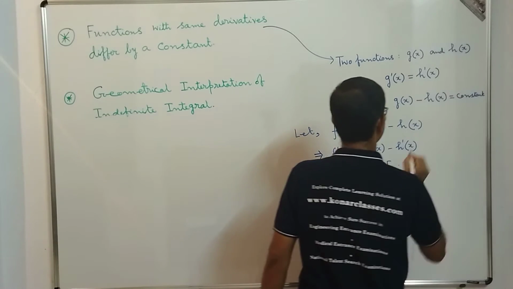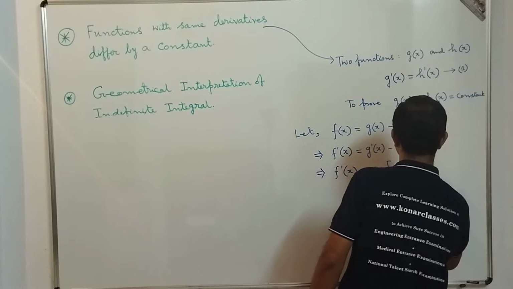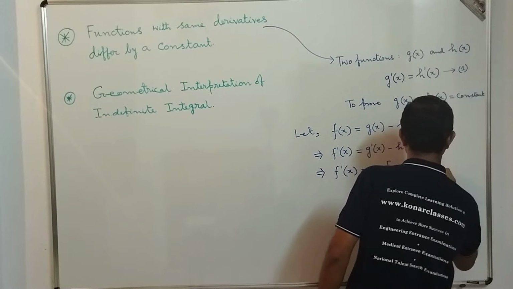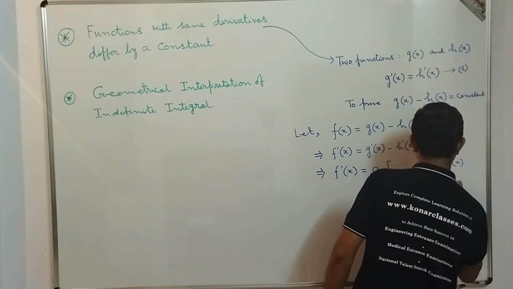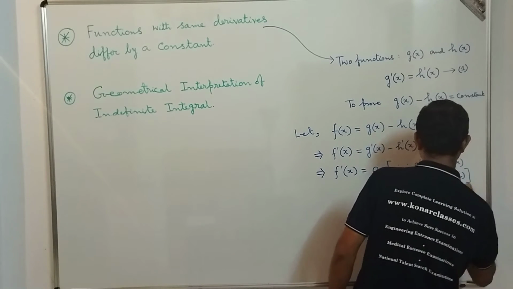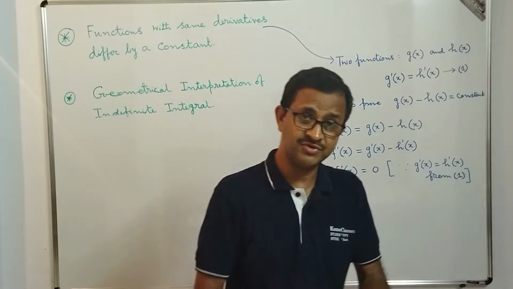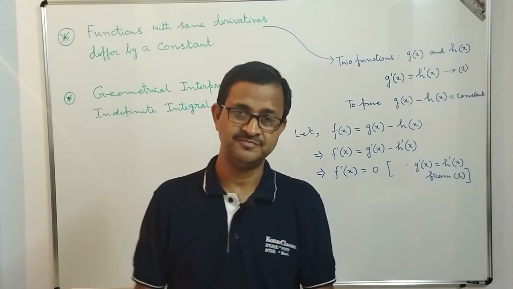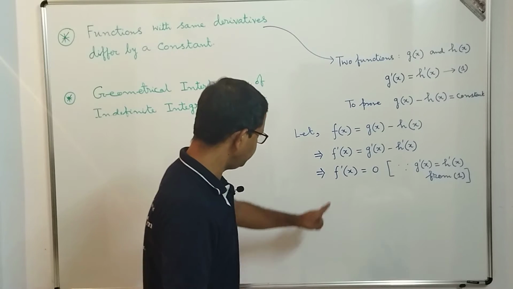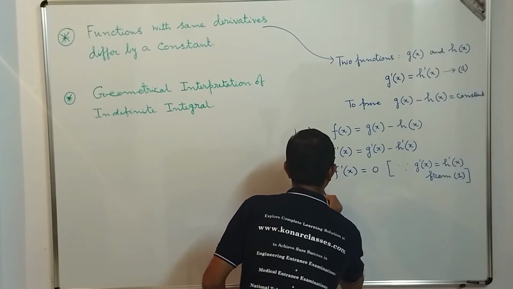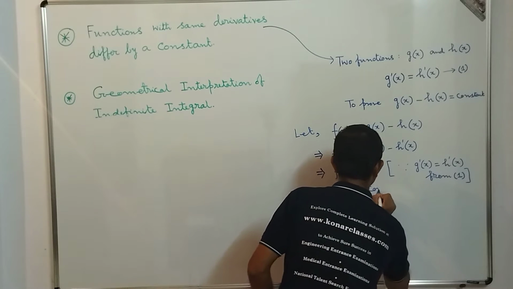Why? Because from equation 1, g'(x) is equal to h'(x). So now f'(x) equals 0. What is the meaning of f'(x) equal to 0? That means f(x) must be a constant function, because the differentiation of a constant is 0. So if f'(x) equals 0, f(x) must be a constant.